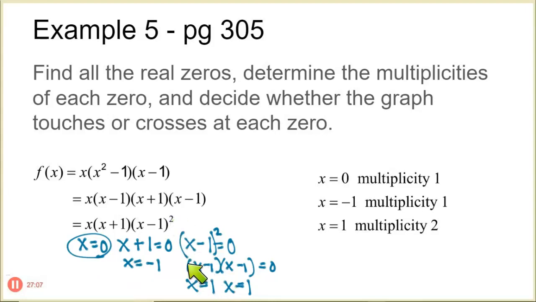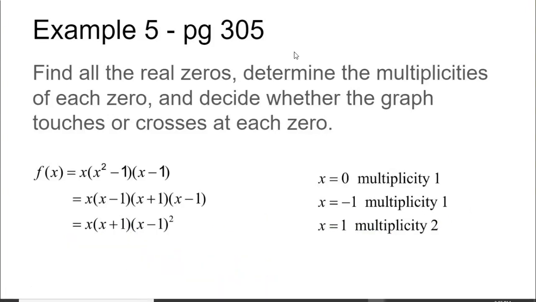The x equals 1 comes from the x minus 1 squared, so its multiplicity is 2 because of that as well. Then this has a degree of 1, so its multiplicity is 1. And this one, x equals negative 1, comes from this factor. It has a degree of 1, so its multiplicity is also 1. So you could do that as well to figure that out.